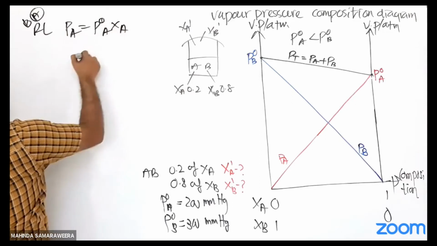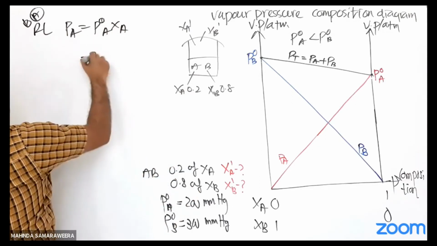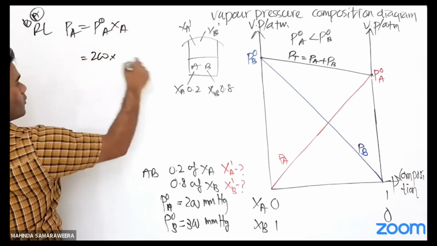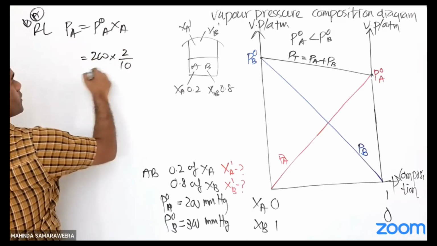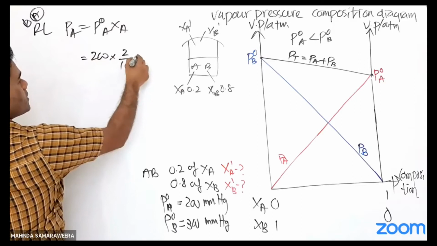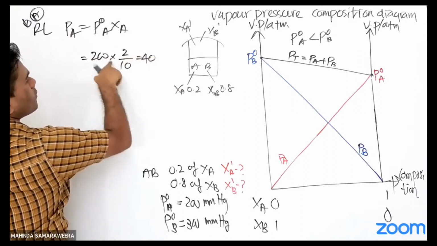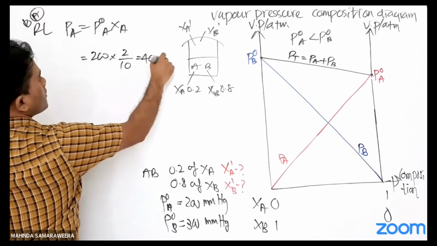P naught A is 200 and XA is 0.2, that is 2 divided by 10, in mercury millimeter. So it's 40 mercury millimeter.